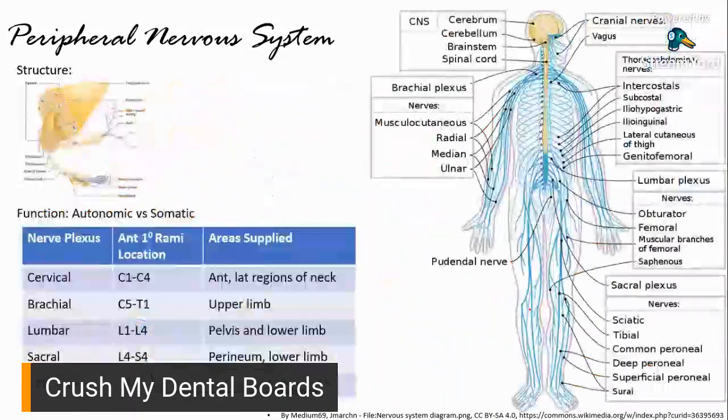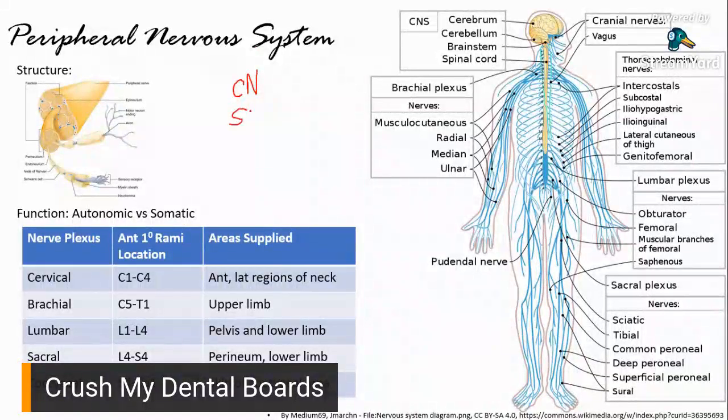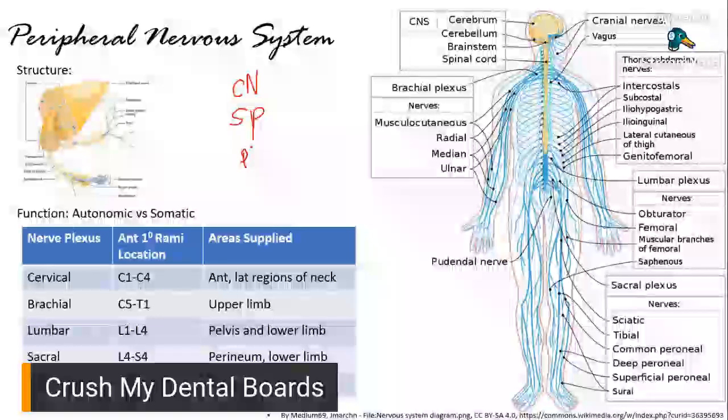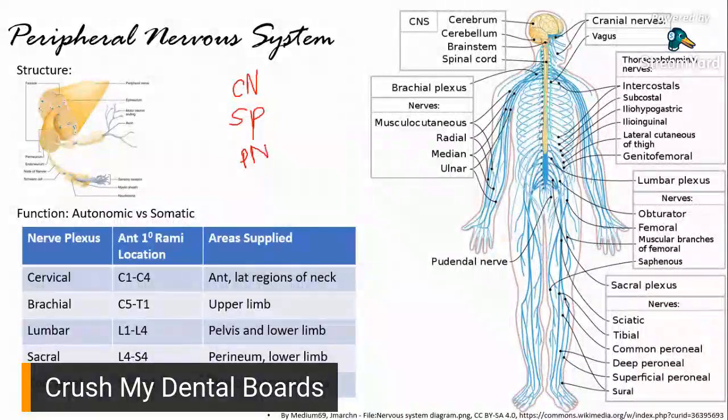Okay. Now, the peripheral nervous system, we mentioned earlier, it's composed of your cranial nerves. It's composed of your spinal nerves and your other peripheral nerves. Okay?